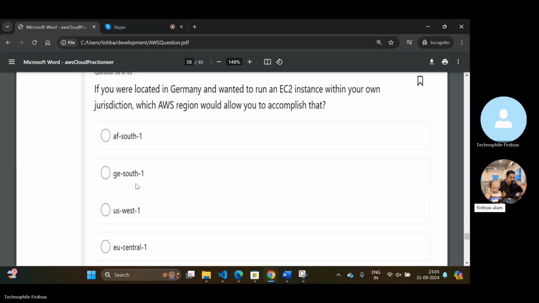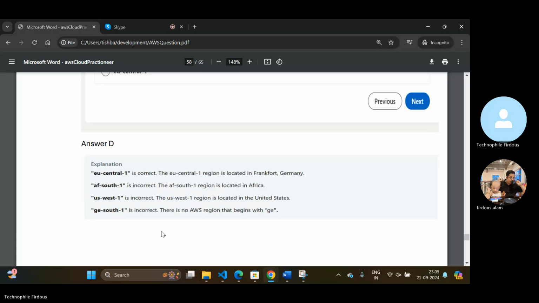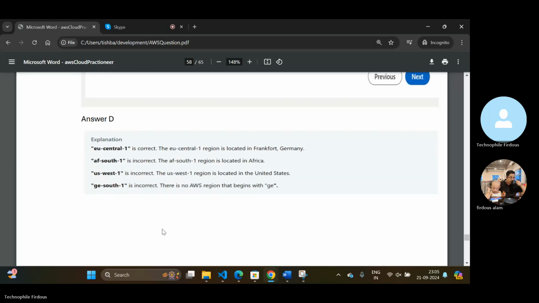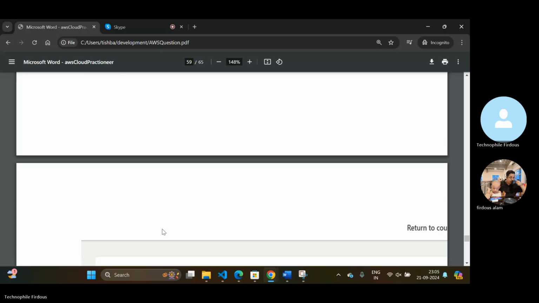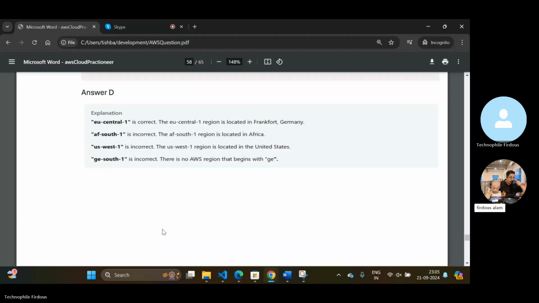From US, Africa, or Europe, if we want to run the instance from Germany, it should be either in Germany or in Europe. So I can use D. So the answer should be D. Okay. Answer is D. Okay. Let's see the GE. Okay, GE South one, there is nothing there. Okay. So the answer should be D. Yeah, correct.